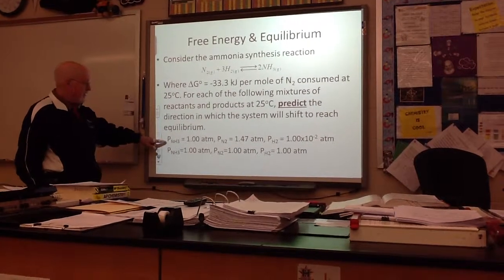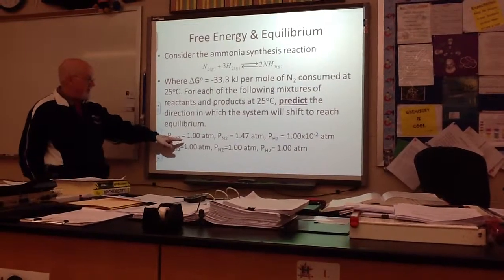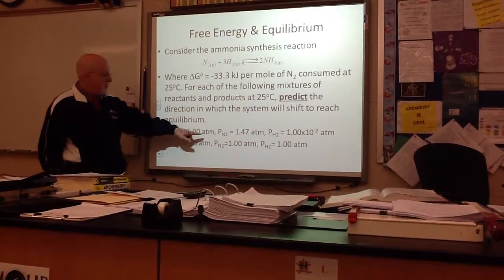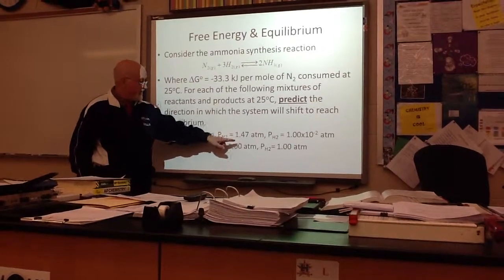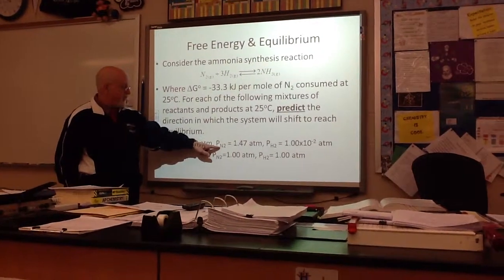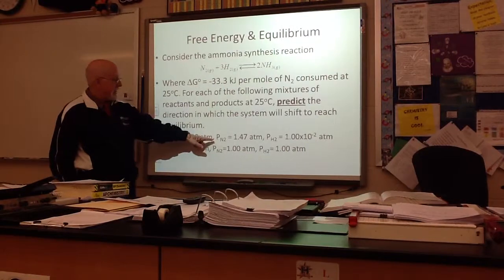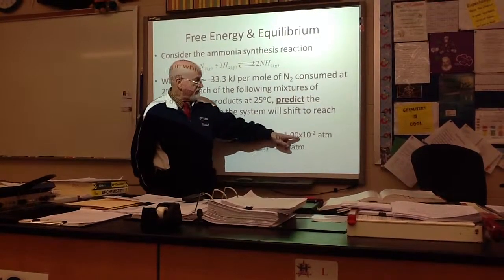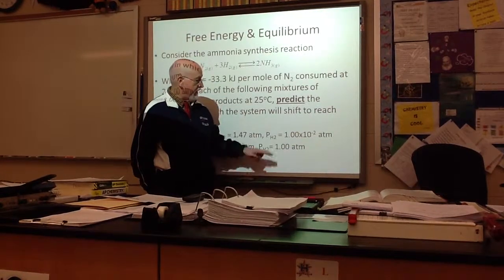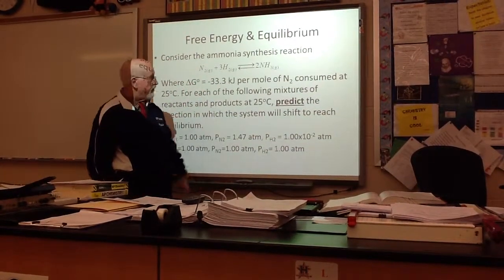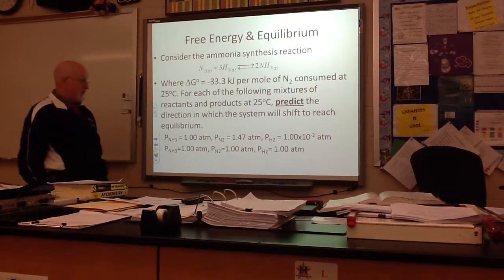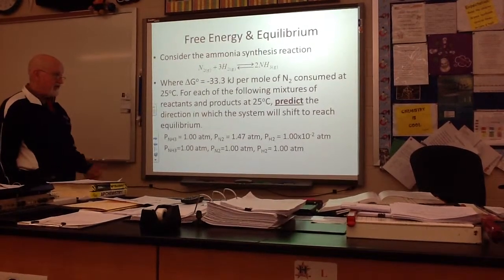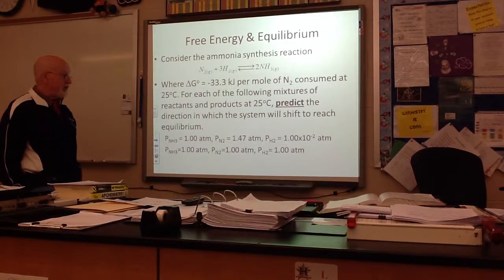In situation 1, we've got 1 atmosphere pressure for the ammonia, 1.47 atmospheres for the nitrogen gas, which is a reactant, and 1.0 times 10 to the negative second atmospheres partial pressure for the hydrogen gas. So what we're doing here is predicting the direction the system will shift in order to reach equilibrium.